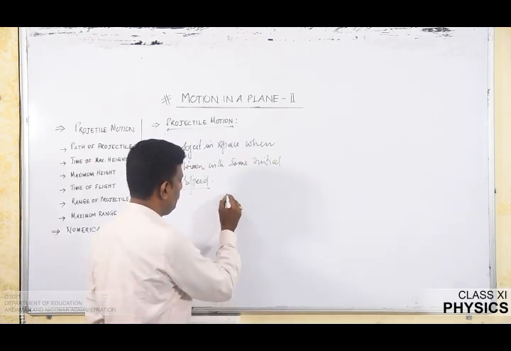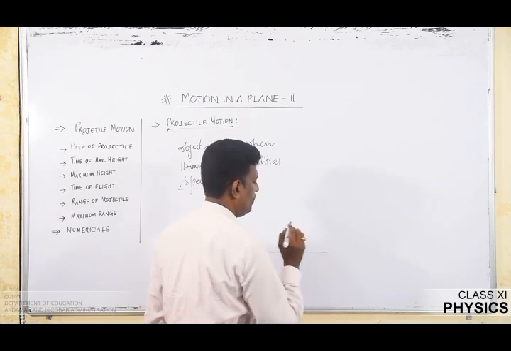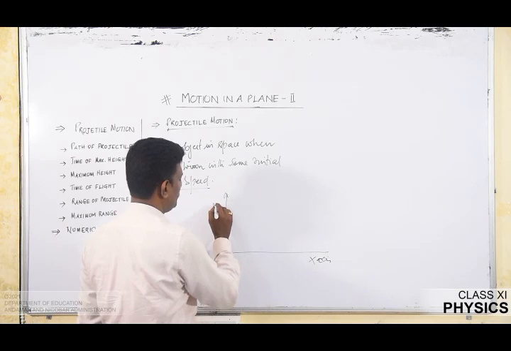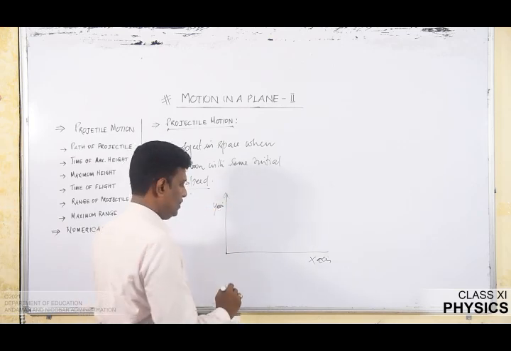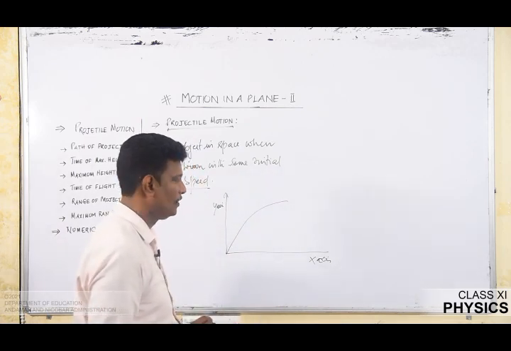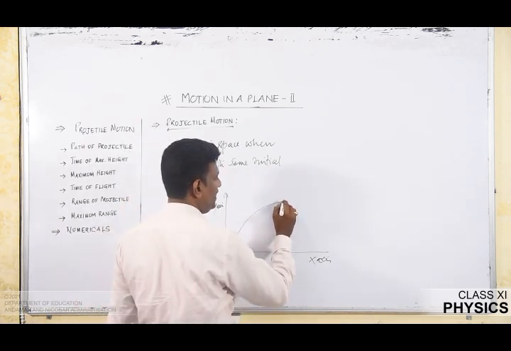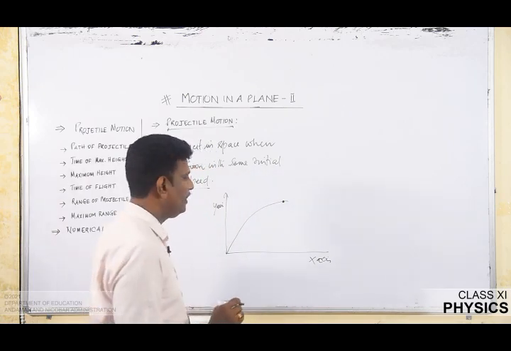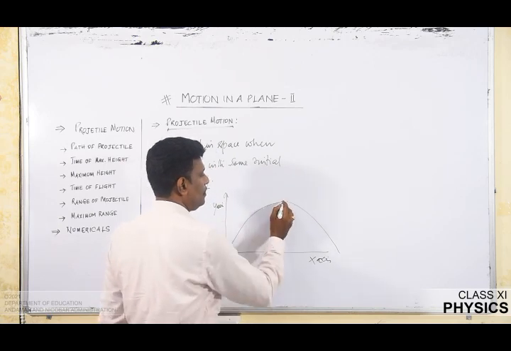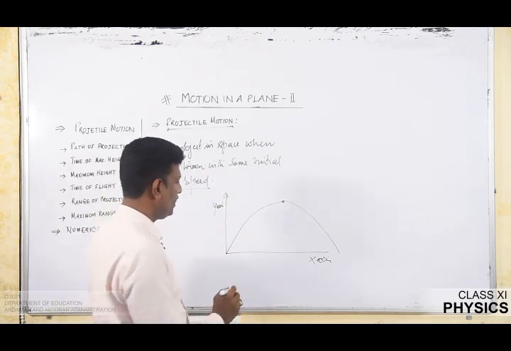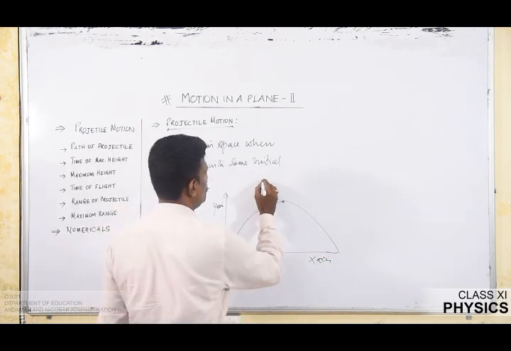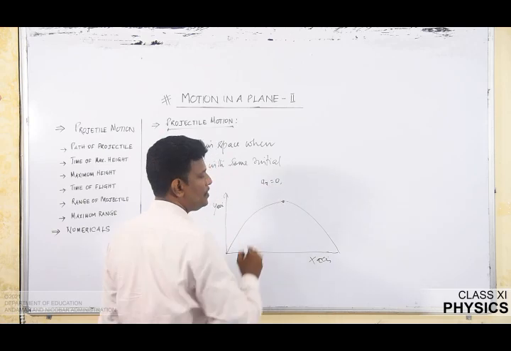So, if you see graphically, say this is the x axis, this is the y axis, we know. If an object is thrown like this, it will start to move like this. After attaining some position, it will get down like this. Here the acceleration towards the x axis is 0, ax is equal to 0.